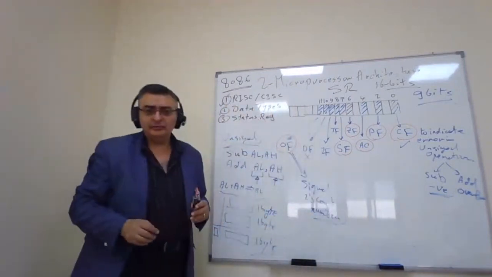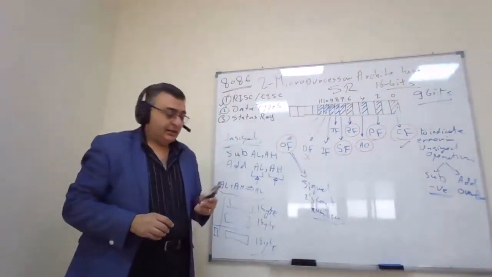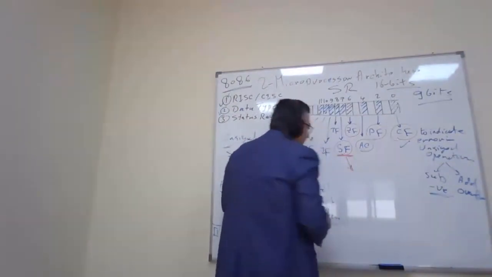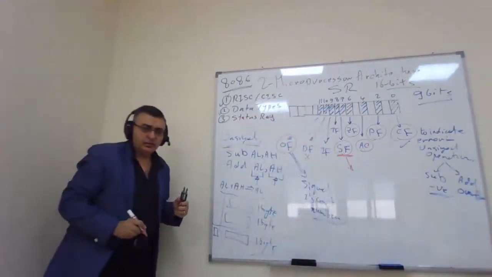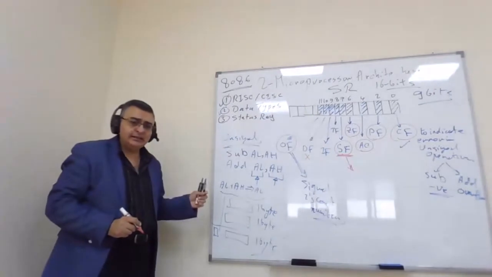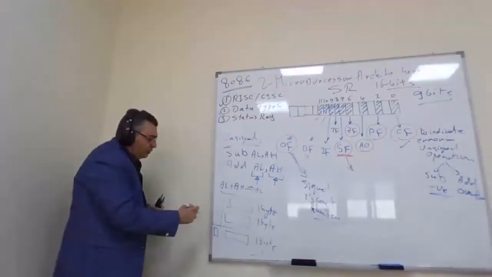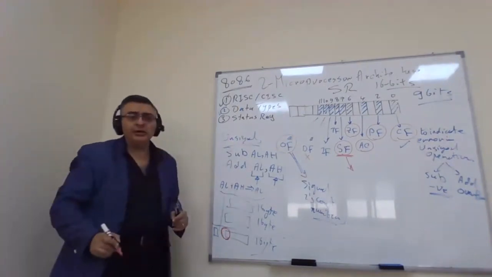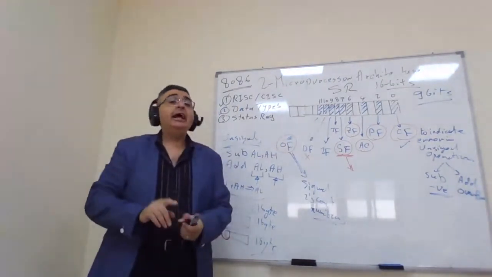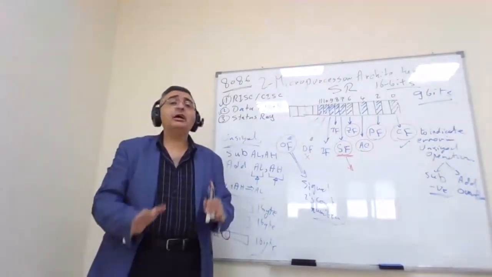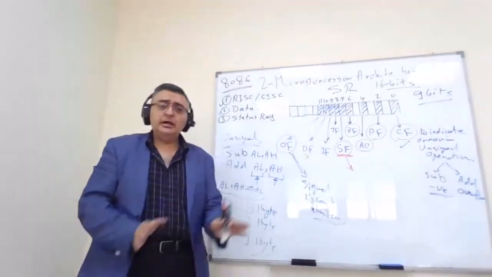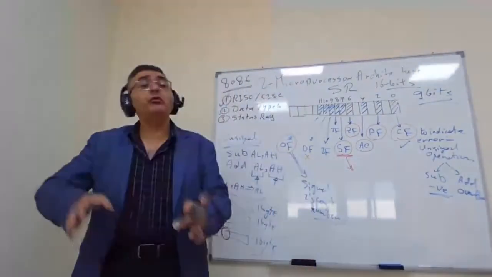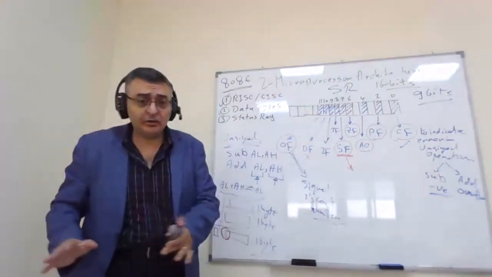The sign flag. What is the sign flag? A sign flag is simply the polarity of the most significant bit of the result while I'm doing a mathematical operation, regardless of whether I'm doing the operation for signed numbers or for unsigned numbers.